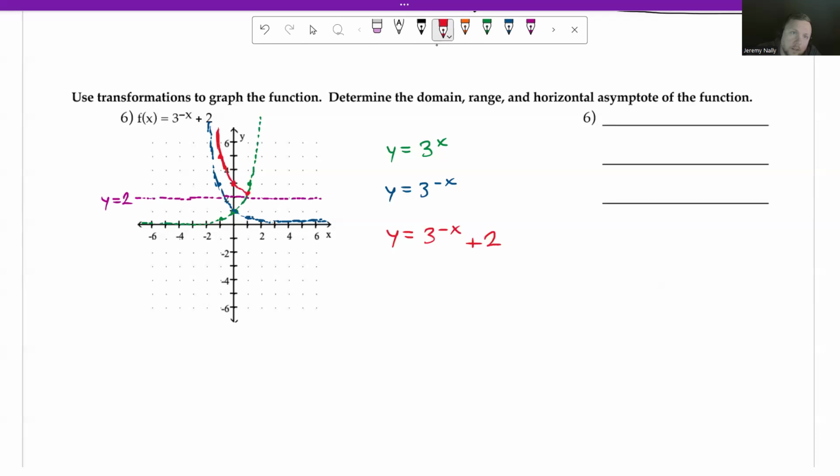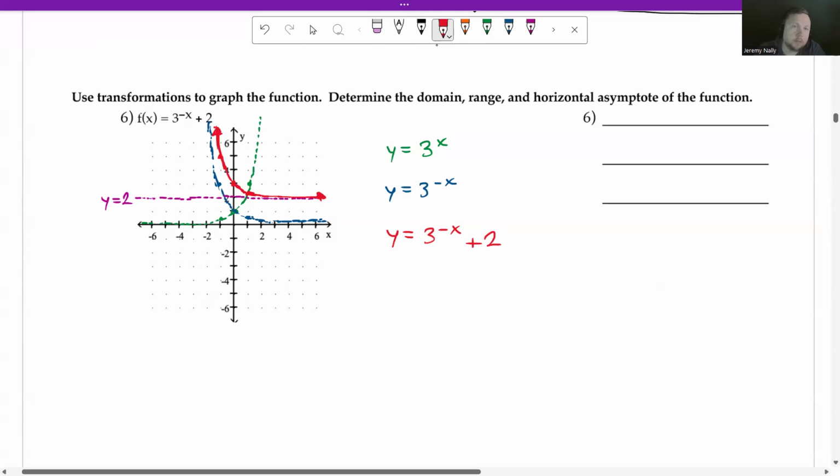All right, so here's my final graph. Okay, so this horizontal asymptote, when it comes to an exponential function, is a wall that it's not going to cross.